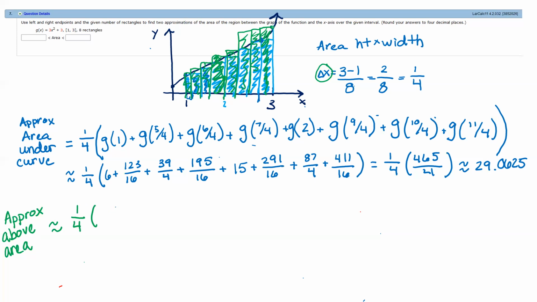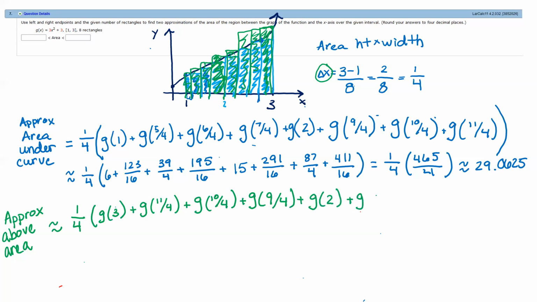So if I start over here, this first height is going to be G of 3 plus, again, G of 11/4 plus G of 10/4 plus G of 9/4 plus G of 2 plus G of 7/4 plus G of 6/4 plus G of 5/4.